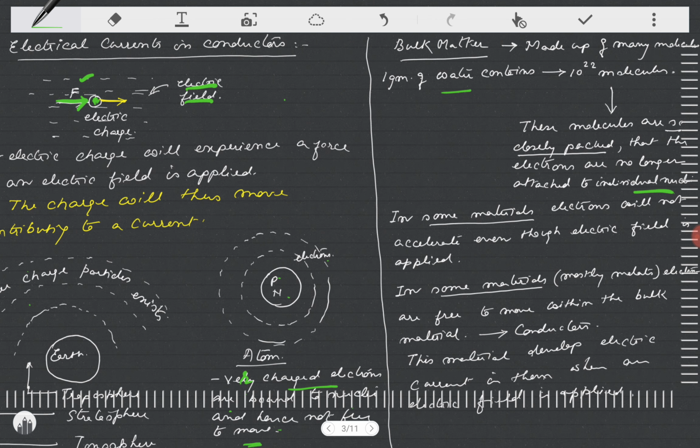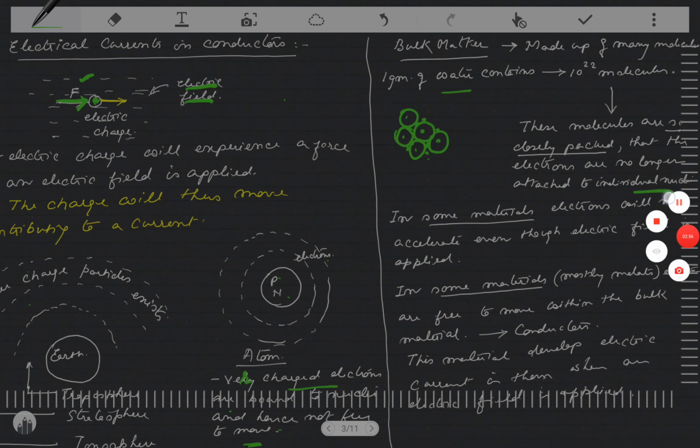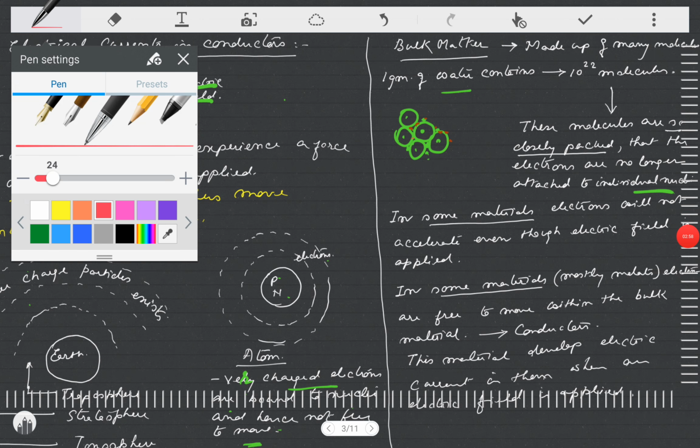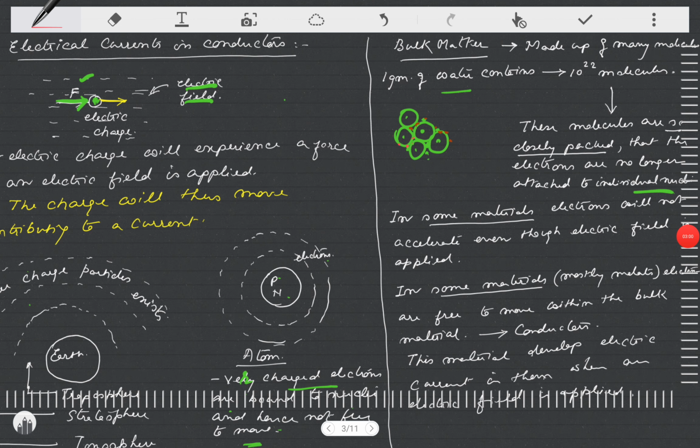This is a molecule, this is a molecule, and so on. The electrons are so closely packed that they are not attached to the individual nucleus.